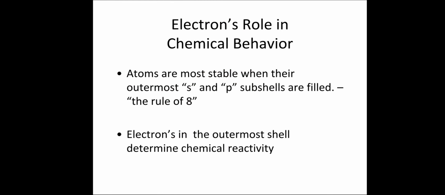The electron's role in chemical behavior is very important. Atoms are stable when their outermost s and p subshells are filled. That is known as the octet rule, or the rule of 8. Electrons in the outermost shell determine the chemical reactivity.